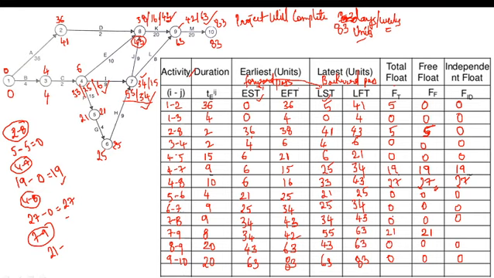We need to consider the least value. What is the total float for 6 to 7? It is 0. So 21 minus 0 is 21.